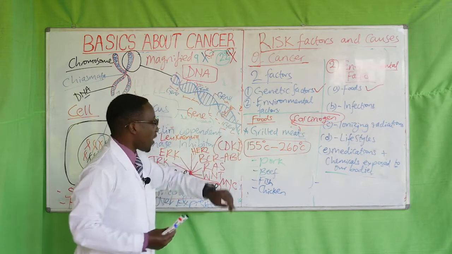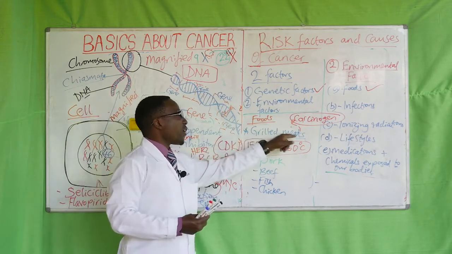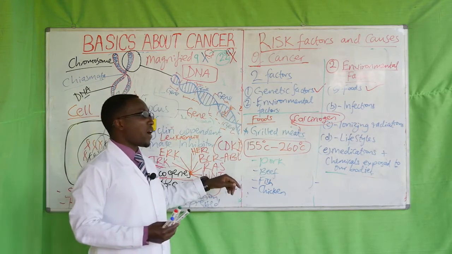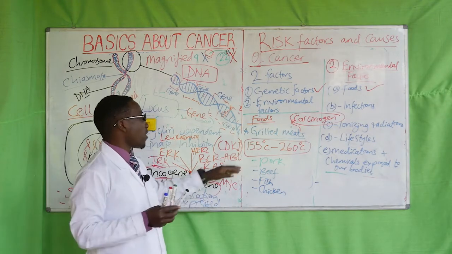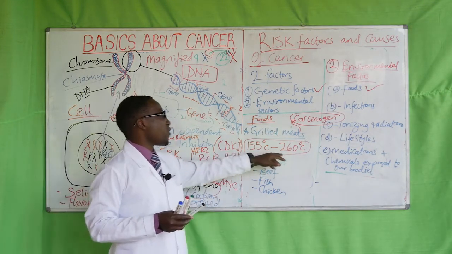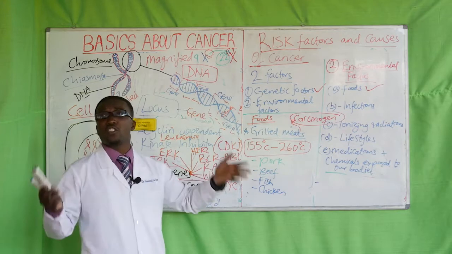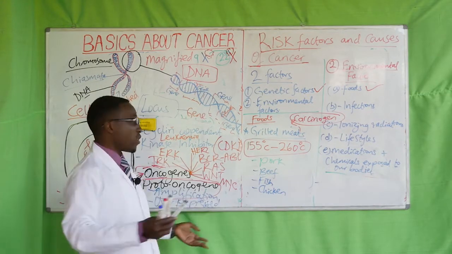When we grill our meats, that dry heat can go as high as 260 degrees Celsius, or even up to 300 degrees Celsius.